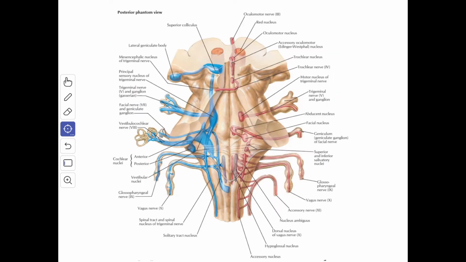The next nucleus is the hypoglossal nucleus. This red one is the hypoglossal nucleus. It is an elongated column consisting of motor cells like those of the anterior horn cells of the spinal cord. It extends throughout the length of the medulla oblongata in the paramedian plane.